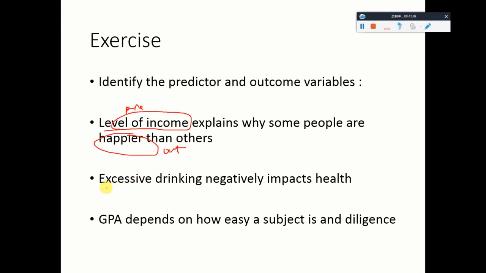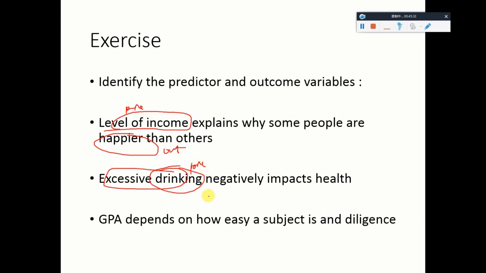So our second sentence: excessive drinking negatively impacts health. Here the predictor variable is the amount of drinking, right? Because excessive is an adjective, it describes how much one drinks. So this is the predictor variable.